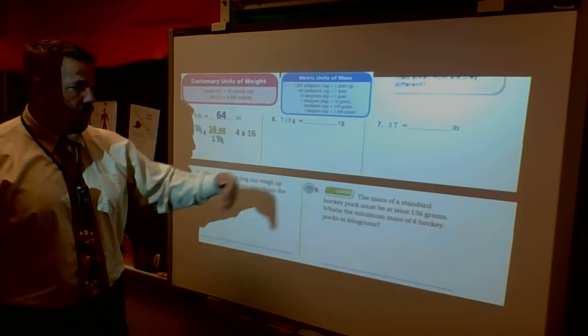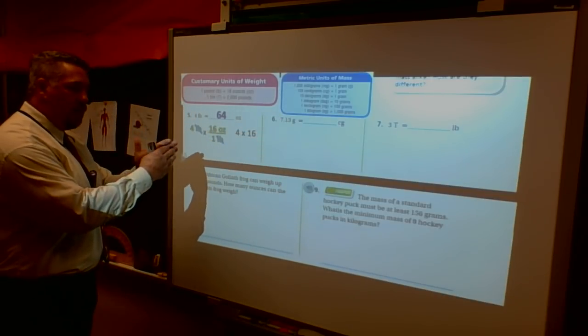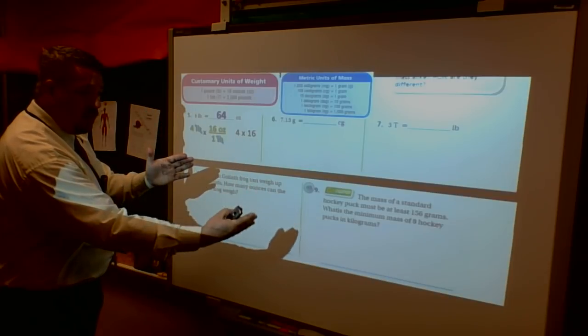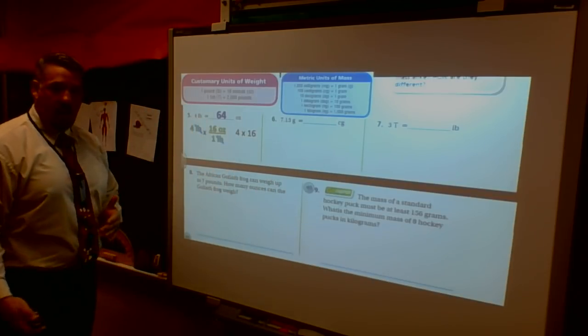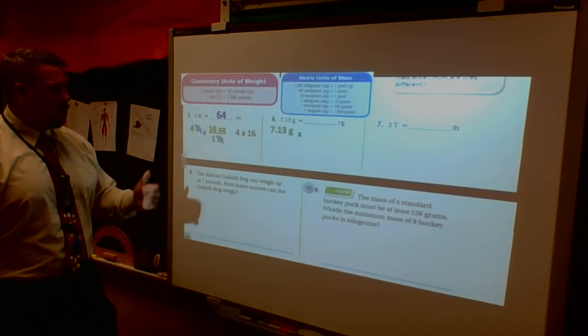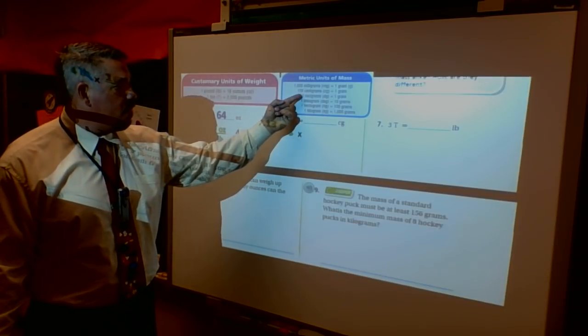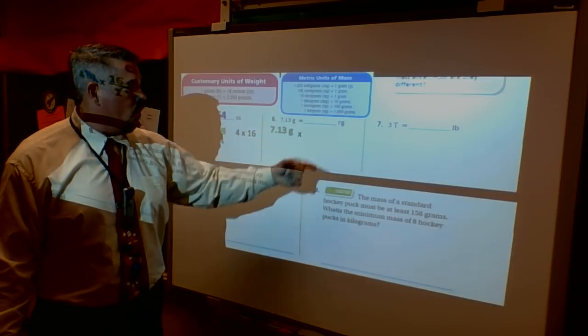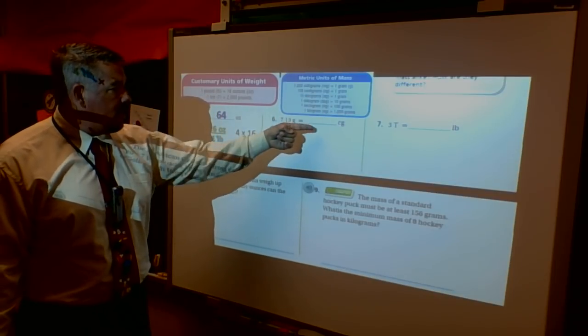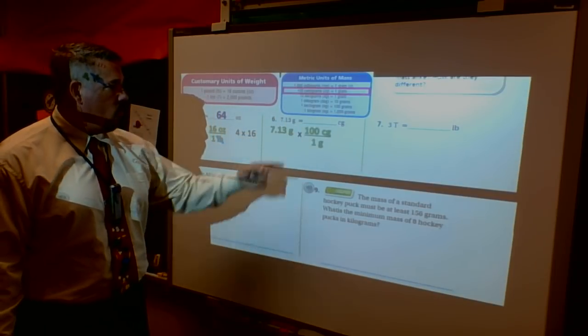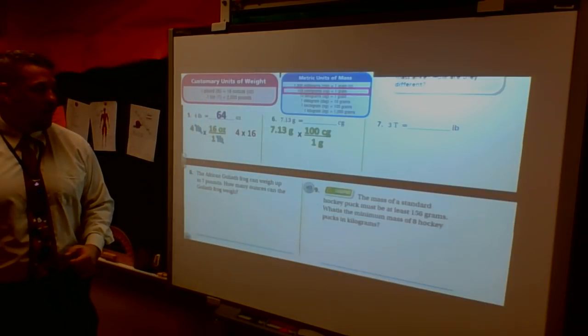Grams to centigrams. So if I have my grams and I go to centigrams, that's 2 steps to the right. If I look up here, it tells me there are 100 centigrams in 1 gram. So I know my centigrams has to be on top of 100 and grams on the bottom.